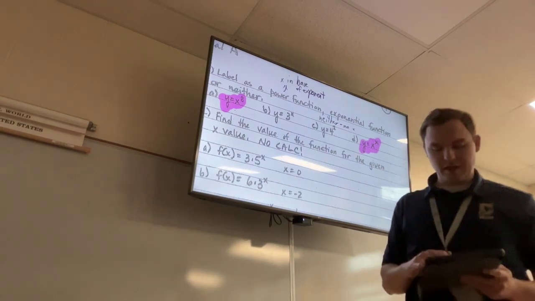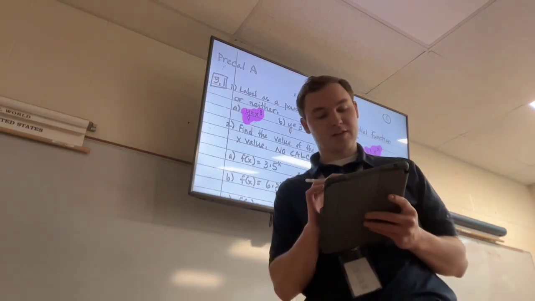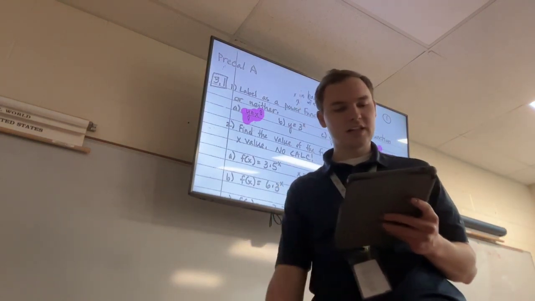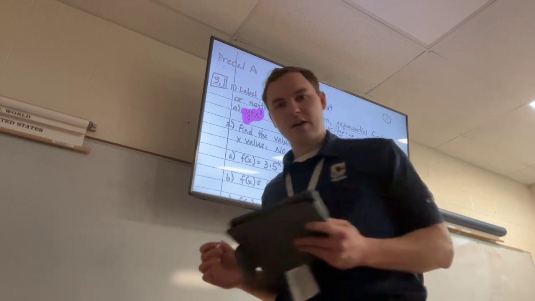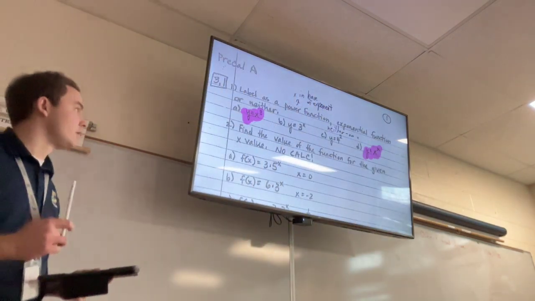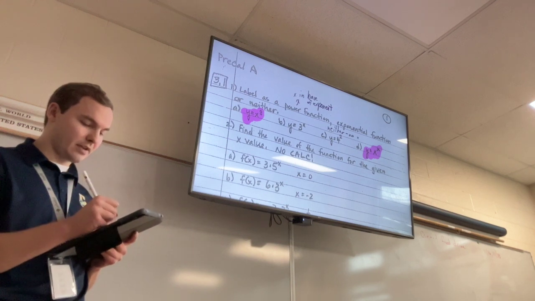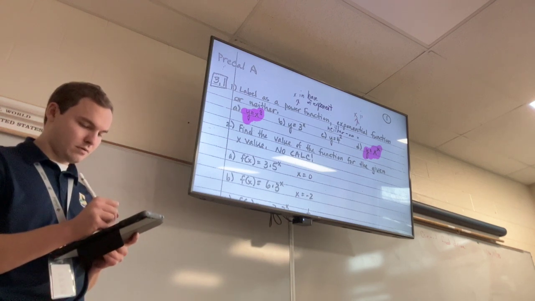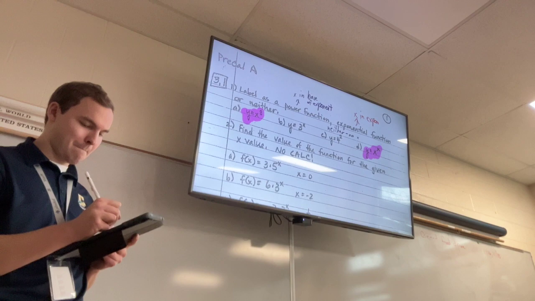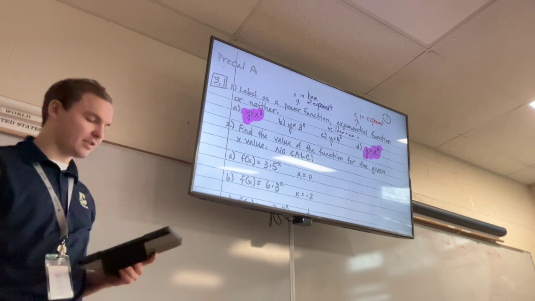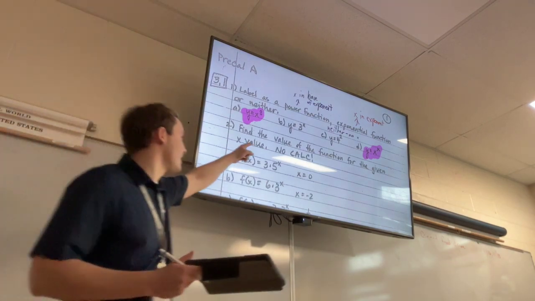And then help me label the exponential functions. I'll highlight those in yellow. So an exponential function means there's an x in the exponent. Which of these have an x in the exponent?